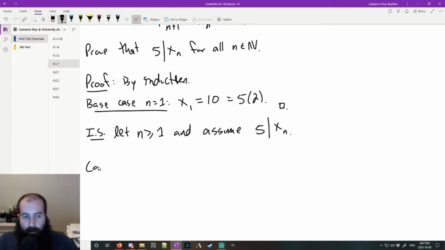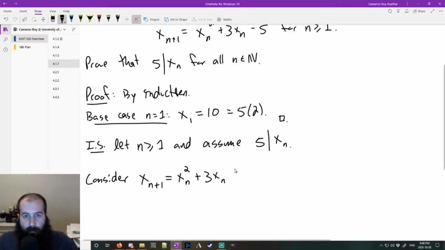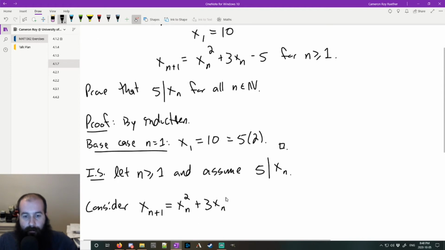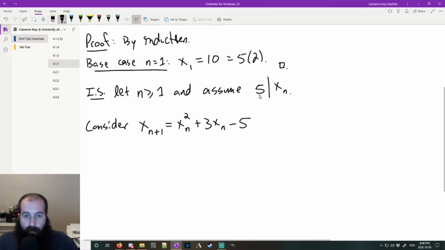Now when we consider the next term, which is x sub n plus 1, we already have a formula for this. This is x sub n squared plus 3 x sub n minus 5, as we were told it is by the recursive definition. But now here we have an assumption about x sub n.